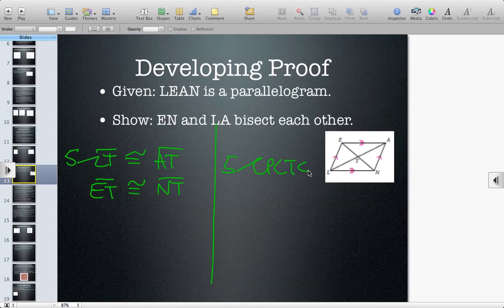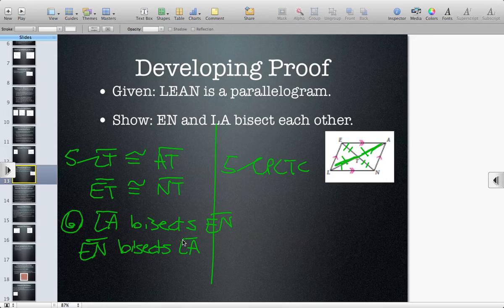So now that we have proven that LT is congruent to AT, and ET is congruent to NT, we can say that LA bisects EN, and EN bisects LA. So we have proven the parallelogram diagonals conjecture to be true.